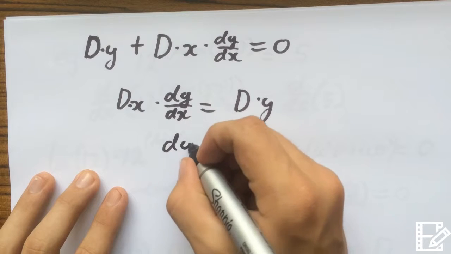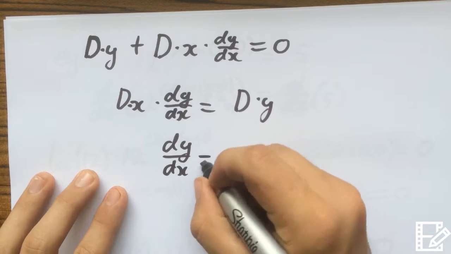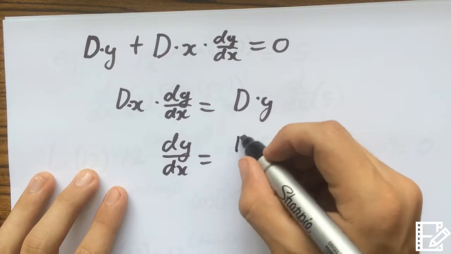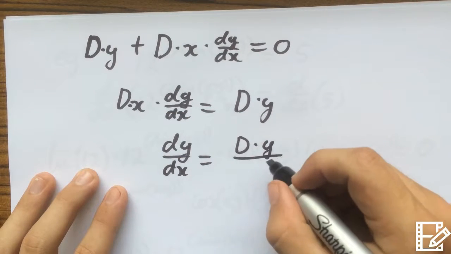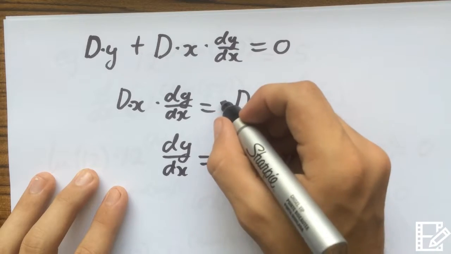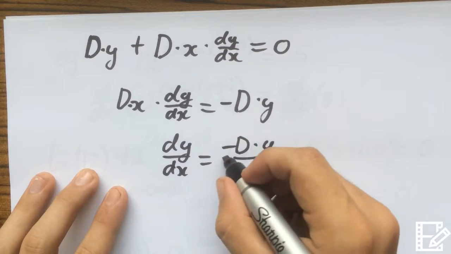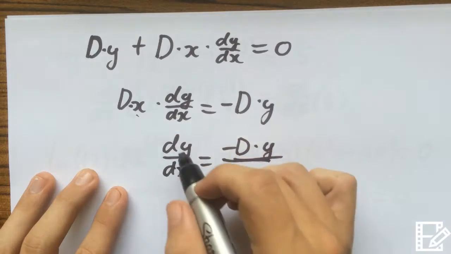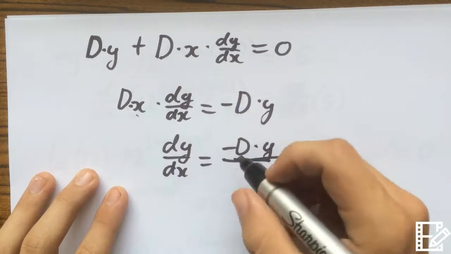Now to have the derivative of y with respect to x on its own, we have to divide. That should be a negative because we subtracted it from both sides. So we're going to divide both sides by d multiplied by x.